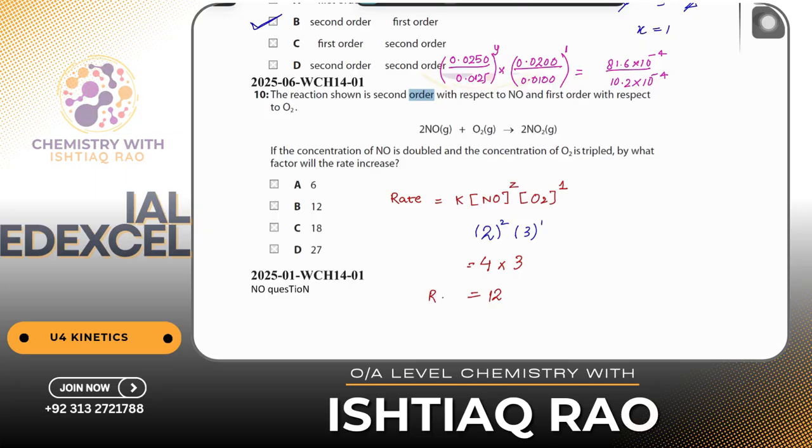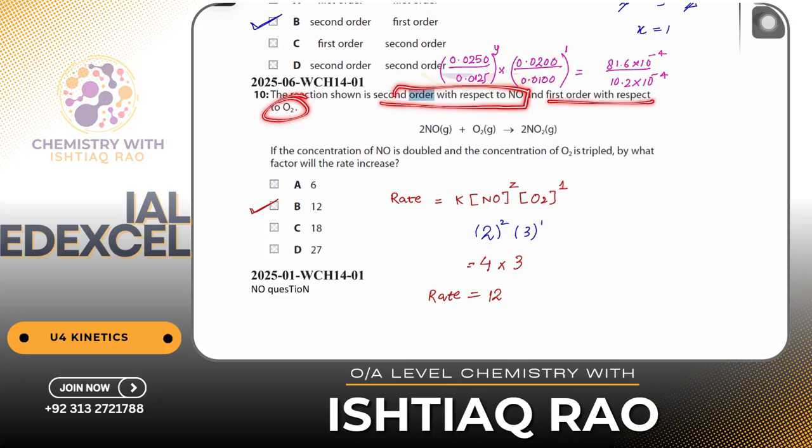So the rate will increase by 12. So the answer is B for ball, right? Okay, in this way you can solve it. For this question we are supposed to know about the order of reaction which they have told us in the question. Like they are saying NO is doubled, and they have told us second order with respect to NO, first order with respect to O2. So after this we can solve it. It's very simple.